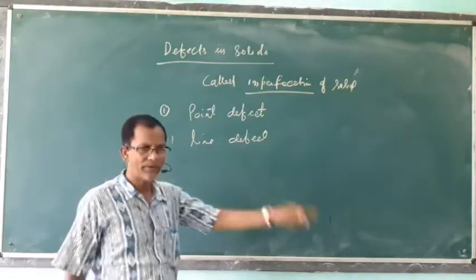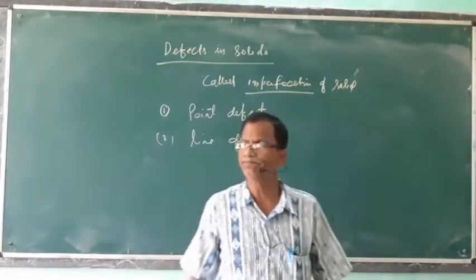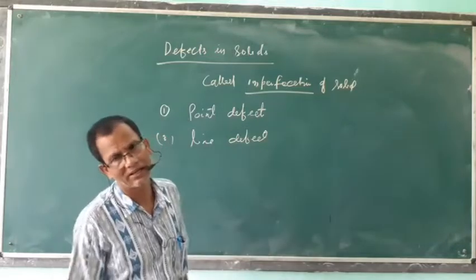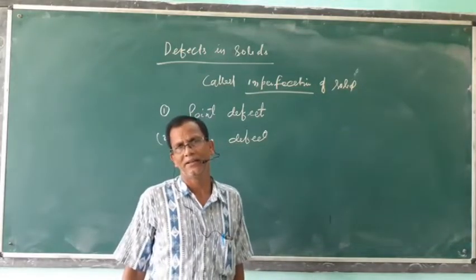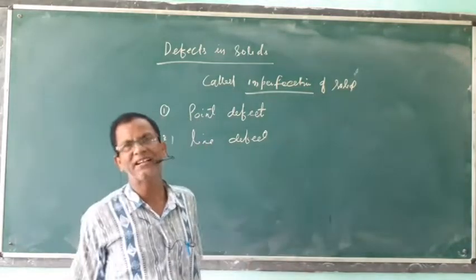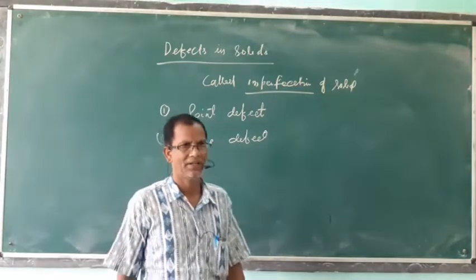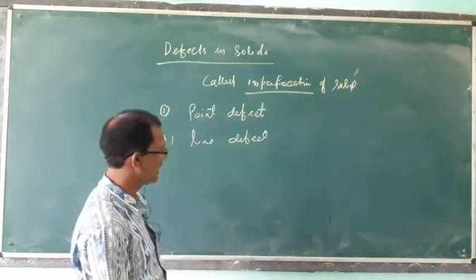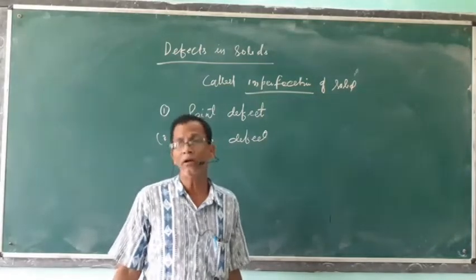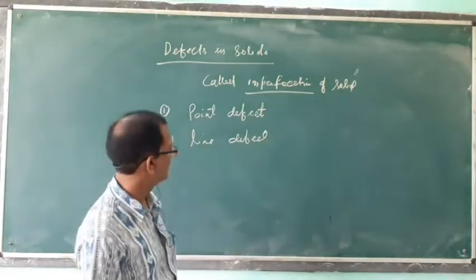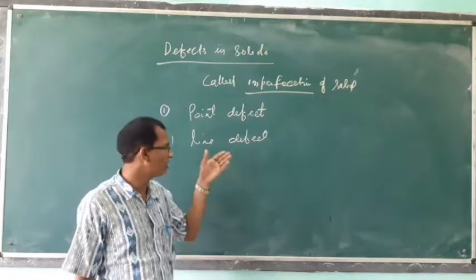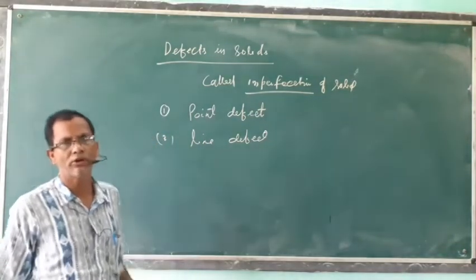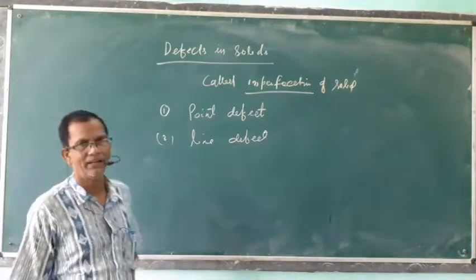But line defect means irregularity along the lattice points in a line, either horizontally or vertically. This is called your line defect.